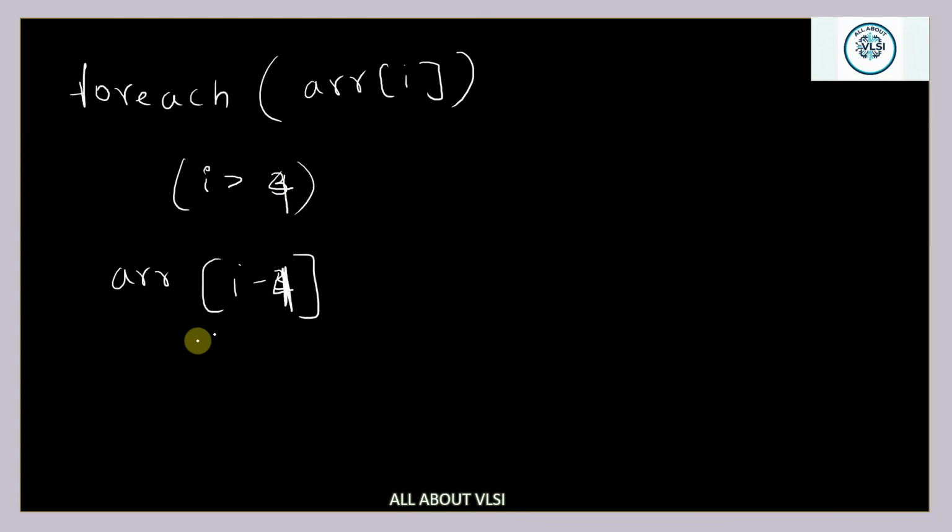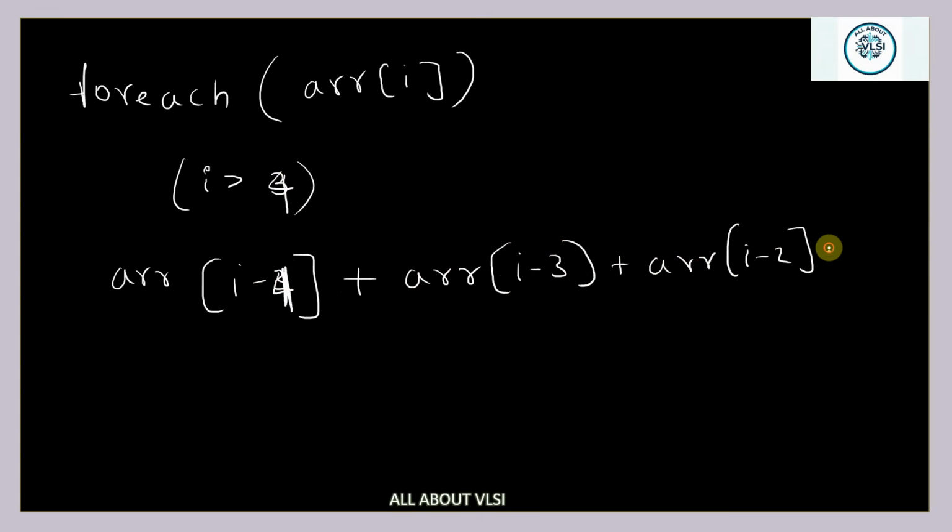That means array of 0 plus array of 1 plus array of i minus 2 plus array of i minus 1 plus array of i should be less than 4.